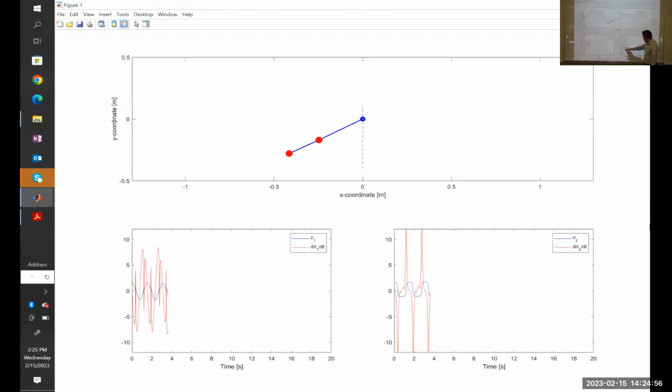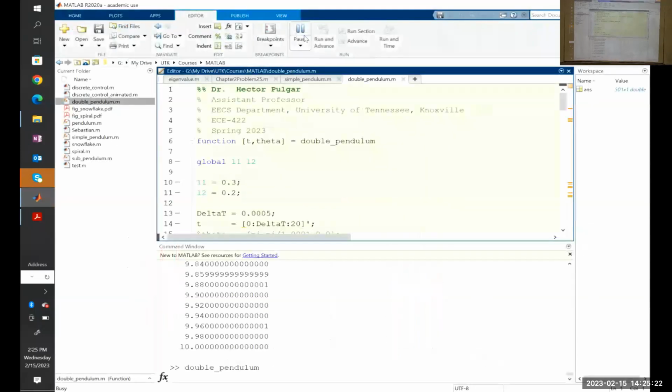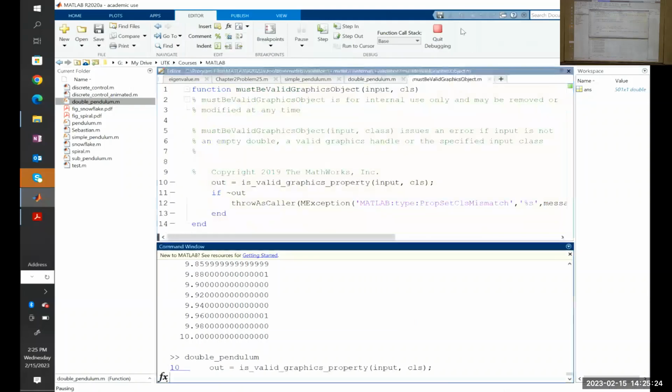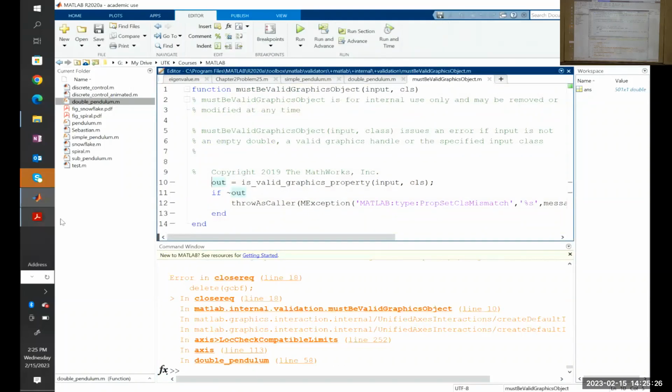You might not even have the same behavior when you're moving up here. So far, it's very similar, but you can tell that they're not exactly the same. I think at some point here, around 8 seconds or 10 seconds, you will start seeing very crazy behavior. I put that in Canvas as well, so you can play with that code and see what a double pendulum is. I will pause this and quit it.